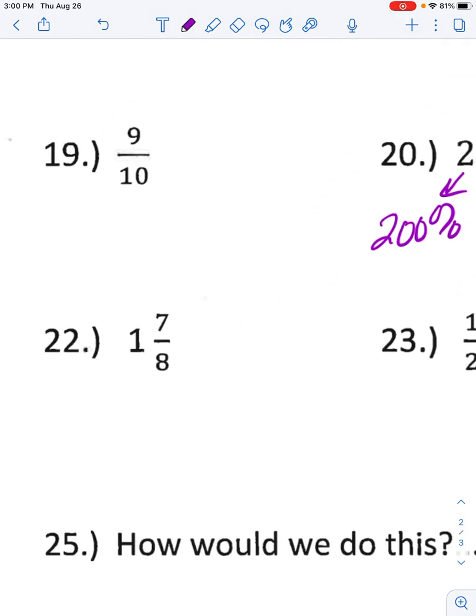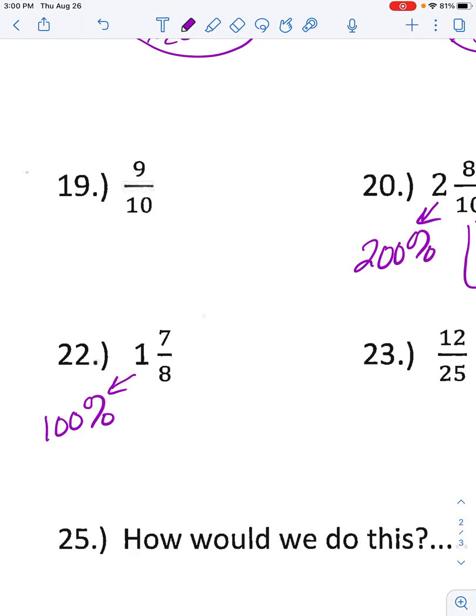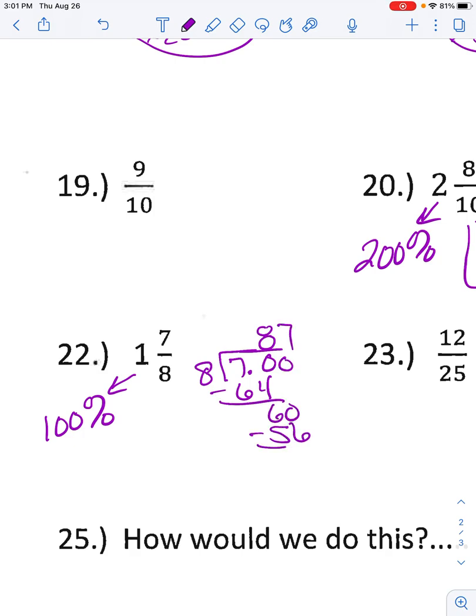For number 22, I'll go ahead and do this one. One whole is 100%. To find 7/8 as a percent, I can just do 7 divided by 8 to get 0.875, but as a percent, that would be 87.5%, right?